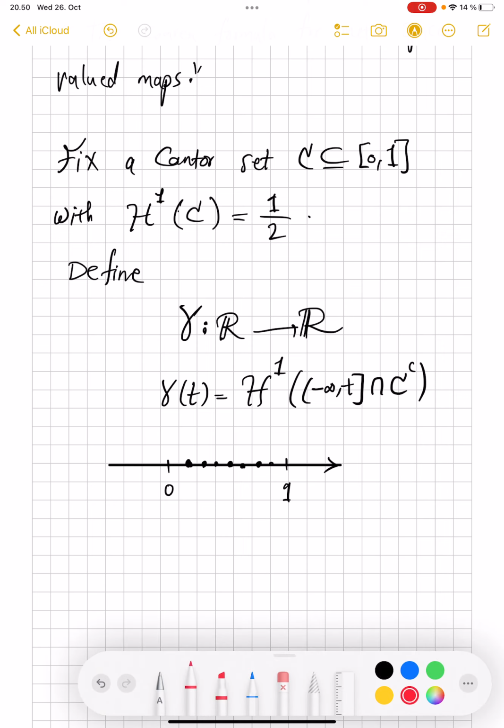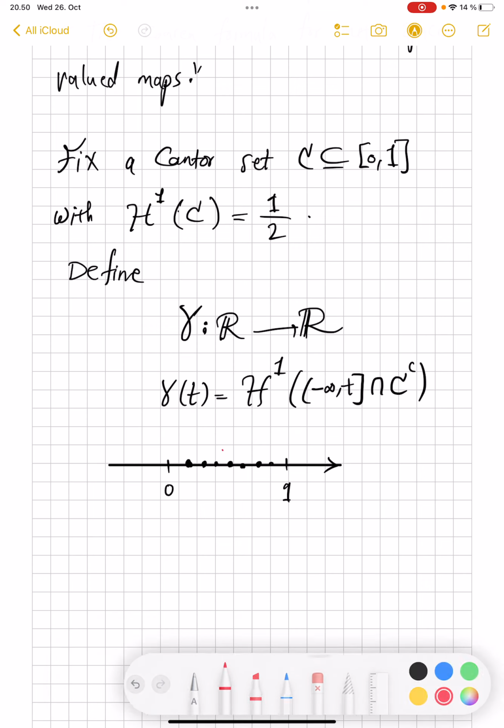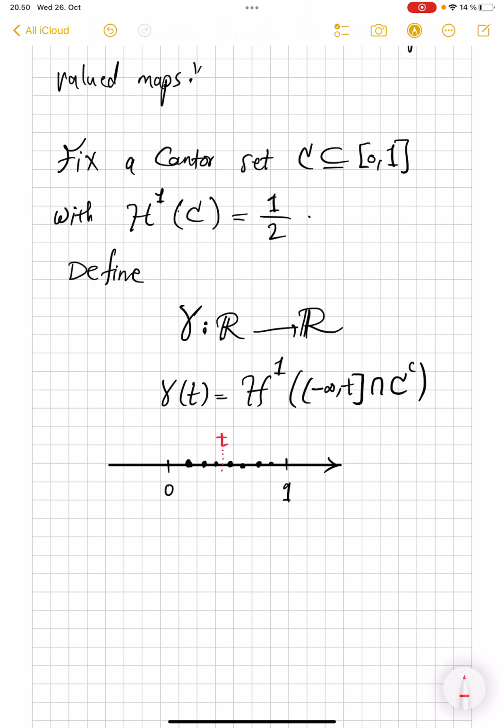And the function gamma, what it does is, you take this t here, and then it looks at this part. Of course, the part before 0 is not there. You could just put 0 here. And we check how much of the complement of C picks up from that part. C is a compact set, so its complement is measurable, so everything here is well defined.